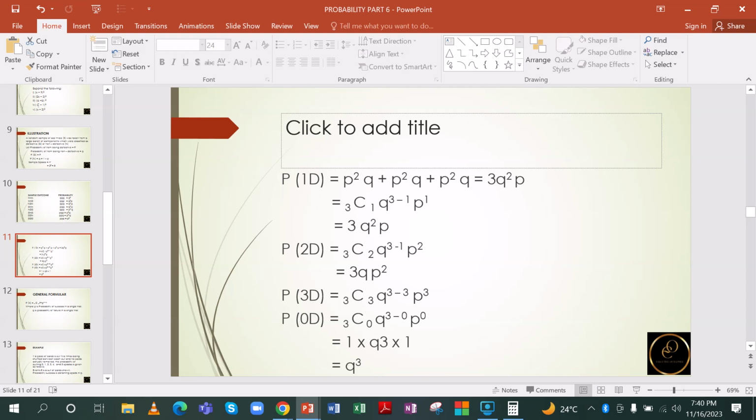That's what it means. So you are going to find a combination of 3 elements taken one at a time, which is defective. Are we together? Yes, sir. So that's what we have here, meaning that the first one will be 3 times Q raised to power 3 minus 1.